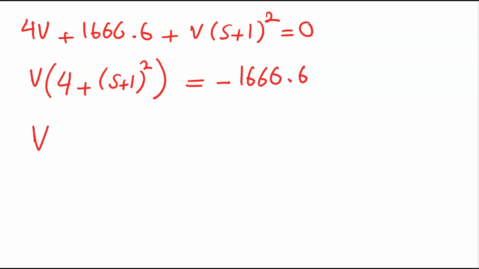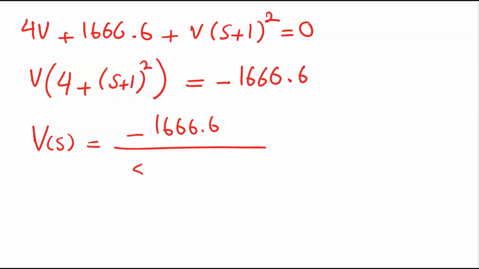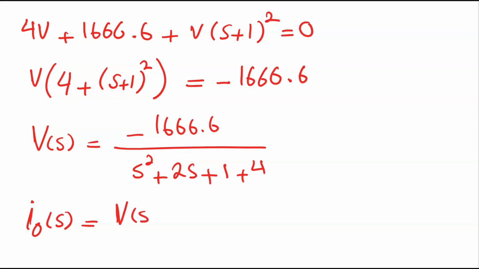So my voltage in Laplace domain is equal to minus this constant number divided by S squared plus 2S plus 1 plus 4, which is going to be 5. And in order to find my current, which is IO of S, I have to divide V of S by the impedance, which is 100 over S. I'm going to show you the solution in the next slide.